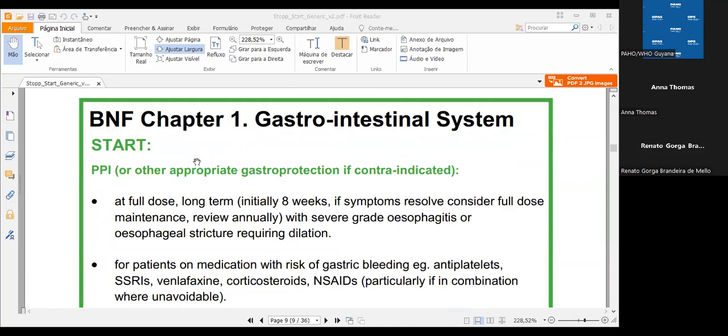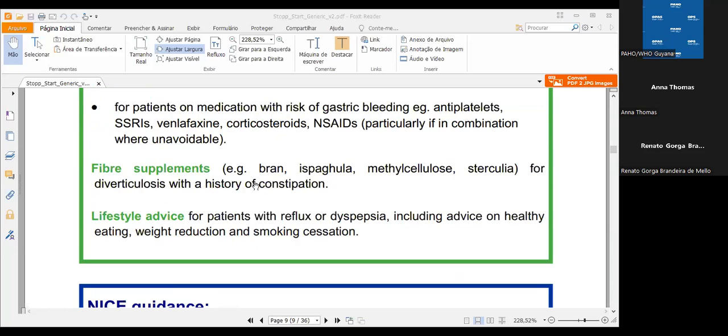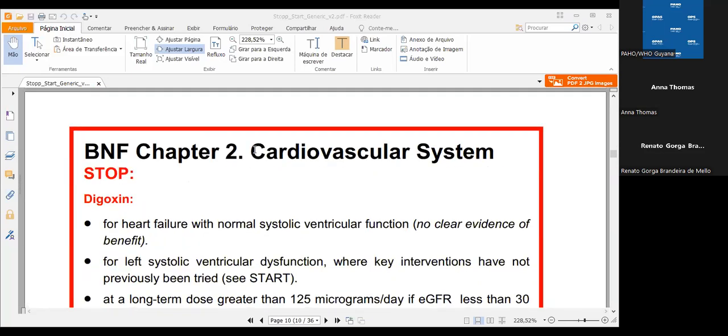PPIs are effective medication that should be prescribed at full dose and long-term use with severe grade esophagitis or esophageal stricture requiring dilation, for patients on medication with risk of gastric bleeding, like antiplatelets, corticosteroids, and NSAIDs.